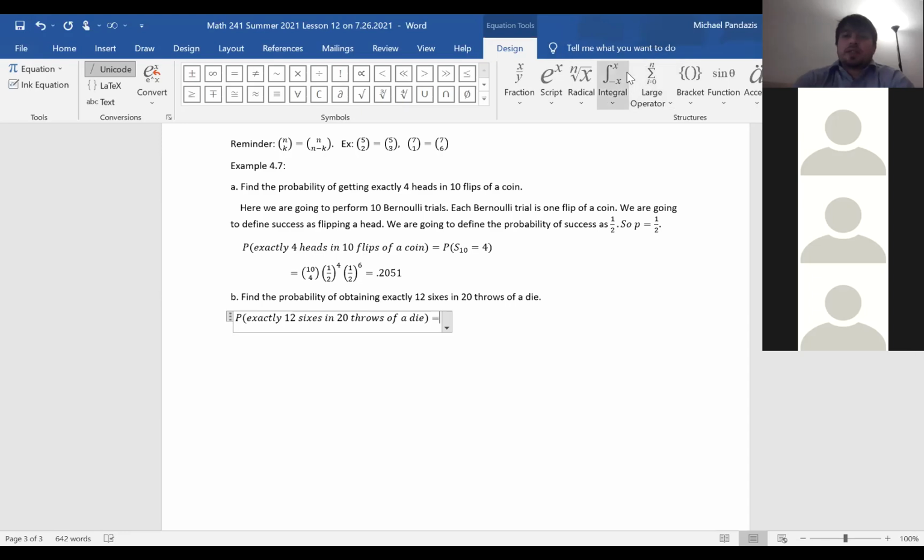Well, you have 20 Bernoulli trials. Each time you throw a die, success is throwing a 6, and failure is throwing 1 through 5. So when you're thinking of Bernoulli trials, you're thinking of 2 possibilities, success or failure, where you define what success is and what failure is correspondingly. That does not mean that there are 2 simple outcomes in the experiment.